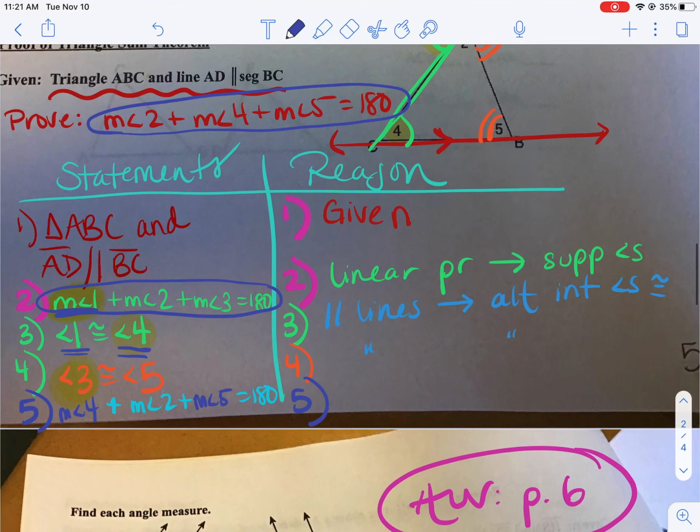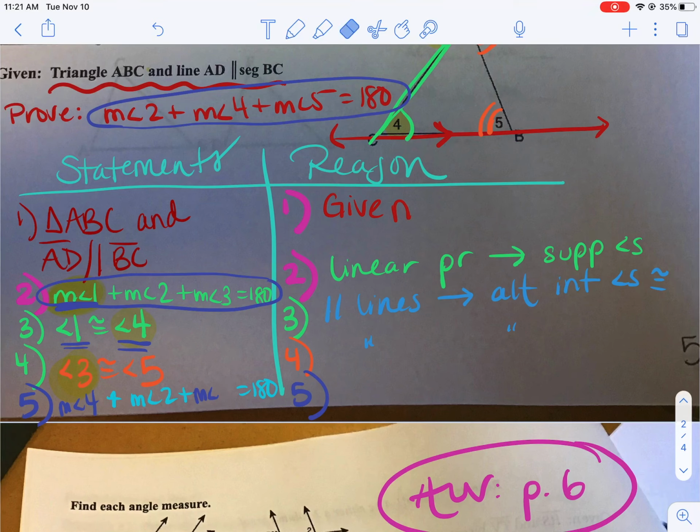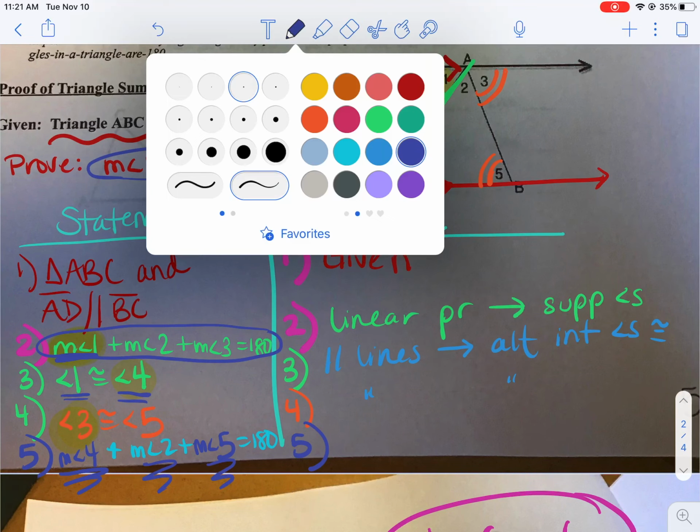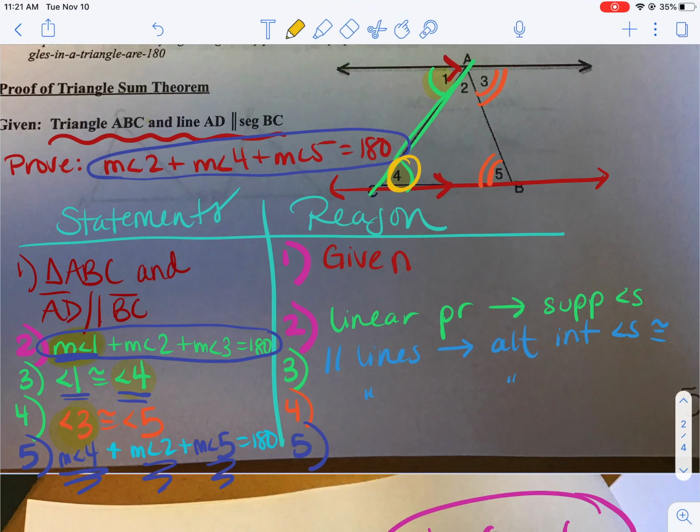Now look back at our statement. We have 4, 2, and 5. If I look back at my picture, do you see how 4, 2, and 5 are all the angles in a triangle? So that was just substitution. I substituted in what we know is congruent, and that's what we wanted to prove.